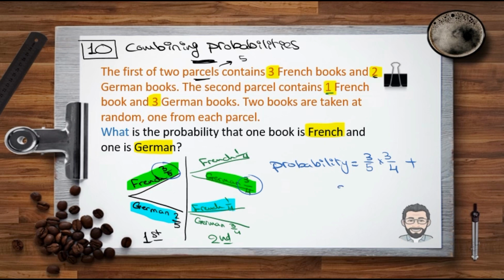So it's going to be 2 over 5 times 1 over 4. It's going to be what? Yes, great. It's going to be here 9 over 20 for the first, and here it's going to be 2 over 20. Finally, the answer is going to be 11 over 20.